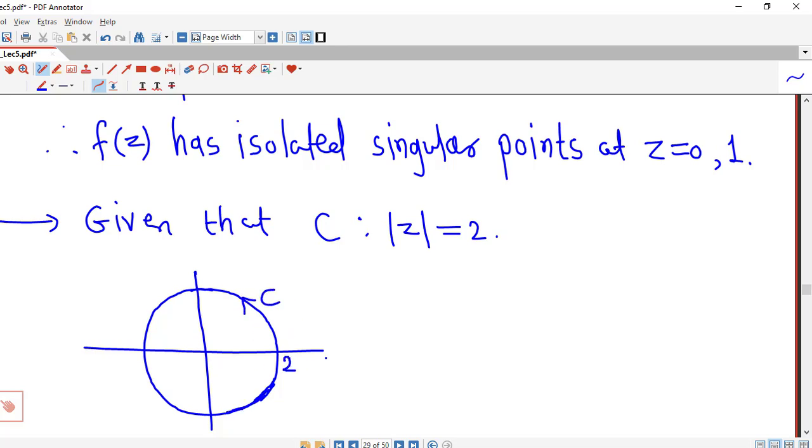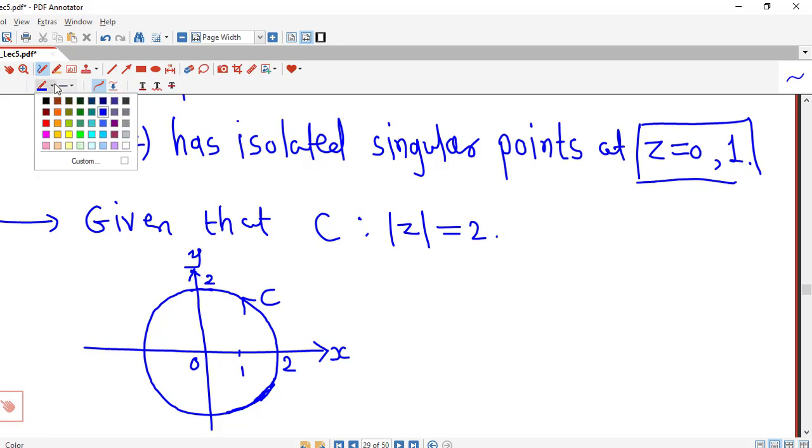So suppose this is a circle of radius 2, so this is approximately 1, this is 0, here also we have 2. So this is the real axis, this is the imaginary axis. So f of z has two isolated singular points, z equal to 0 and z equal to 1, and both are inside this simple closed contour mod z equal to 2.